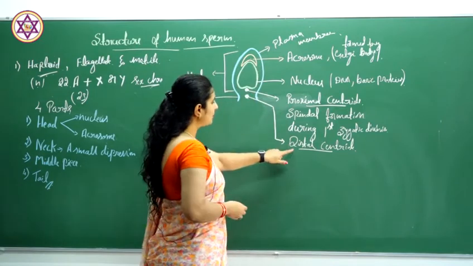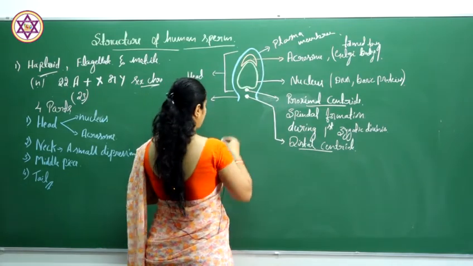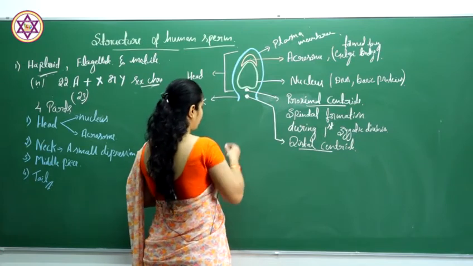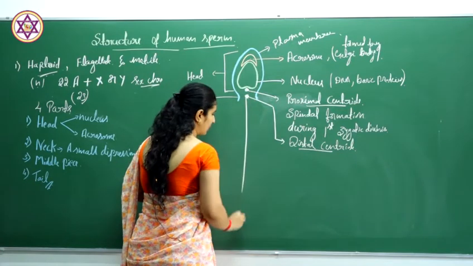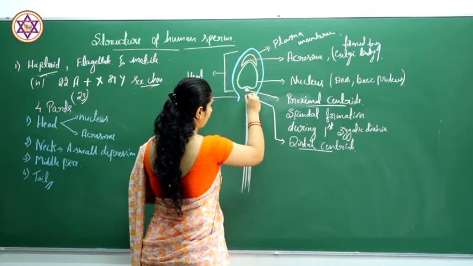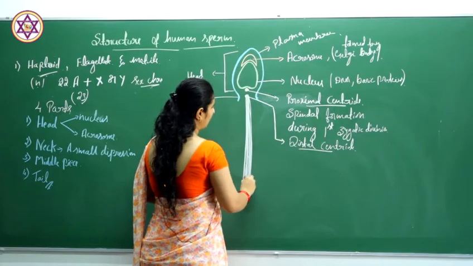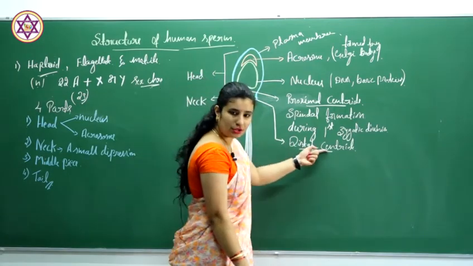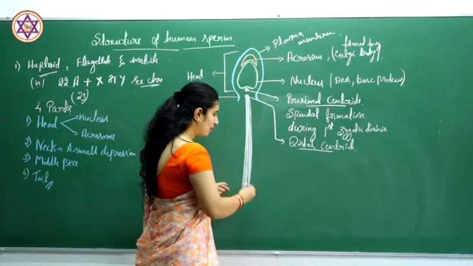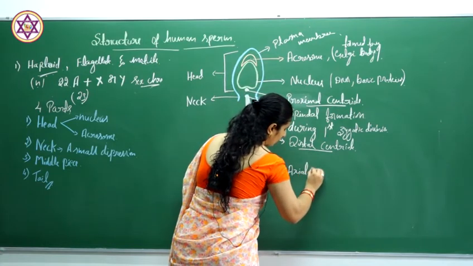This distal centriole gives rise to the formation of the axial filaments. The distal centriole is responsible for the formation of the filaments, also known as the axial filament.